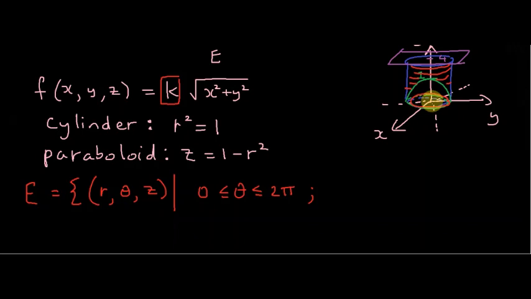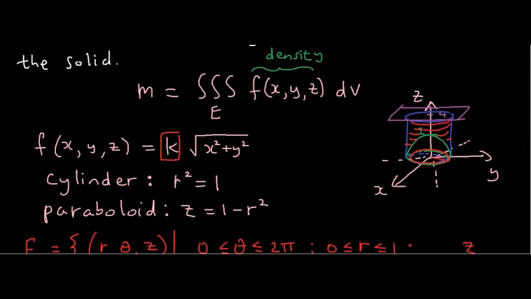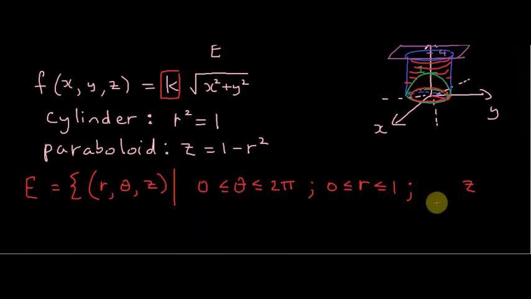It's a circle of radius 1, so r goes from 0 to 1. And then z will go from the paraboloid below to this plane above. We know that the paraboloid is 1 minus r squared, and the plane is z equals 4.